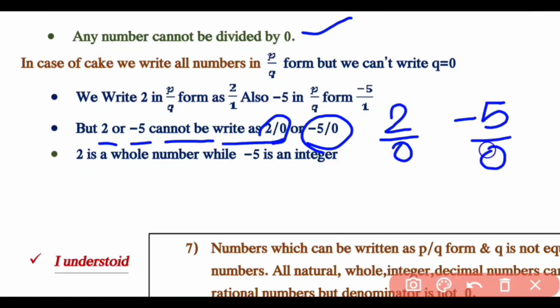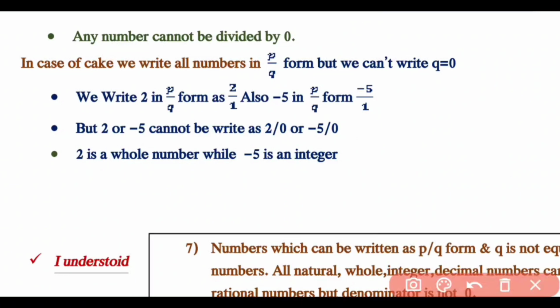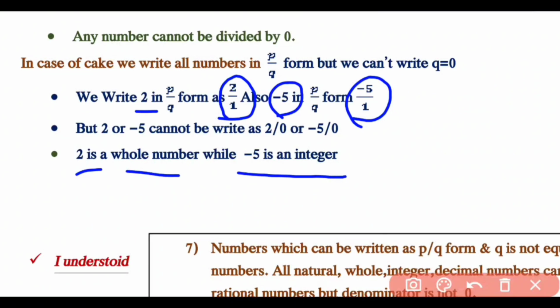But when we write 2 in the format of 2 upon 1 and minus 5 in the format of minus 5 upon 1, 2 is a whole number and minus 5 is an integer. So always keep this in mind: any number, whether it is a whole number, a natural number or an integer, can be expressed in the form of a rational number. When we write 1 in the denominator, that whole number or integer automatically becomes a rational number.